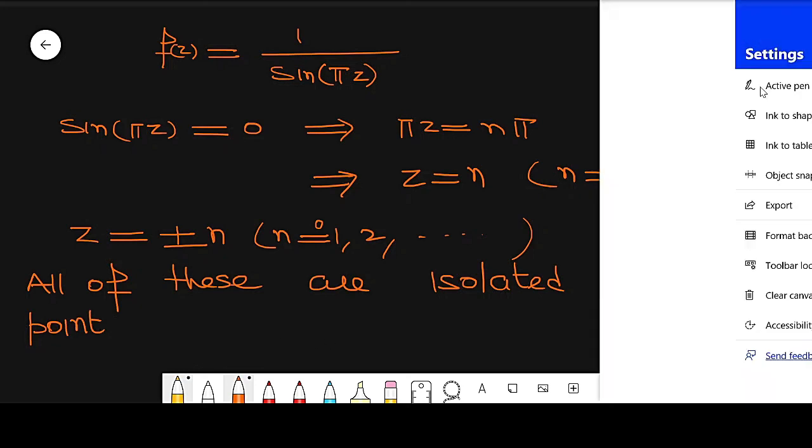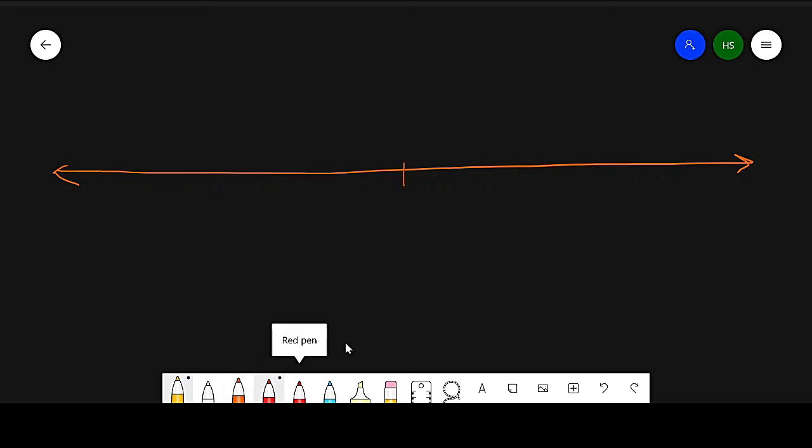Now, suppose this is some real line, this is the origin, so 1, 2, 3, and so on, and -1, -2, -3. These are the singular points of the given function that we found.